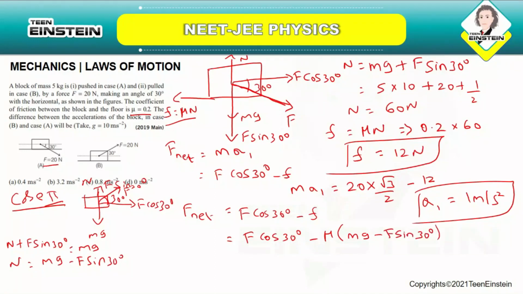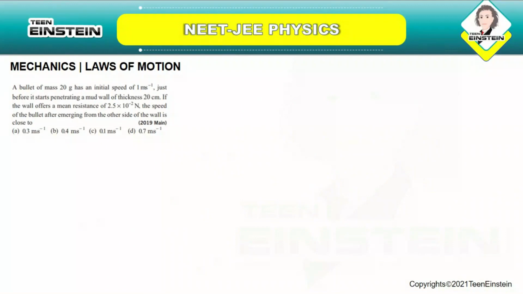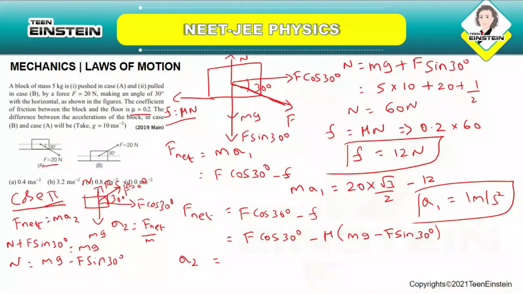You know that again F net is equal to m a2, the second acceleration. So a2 will be equal to F net by m. So here a2 is equal to F cos 30 degree minus mu into mg minus F sin 30 degree, divided by m.